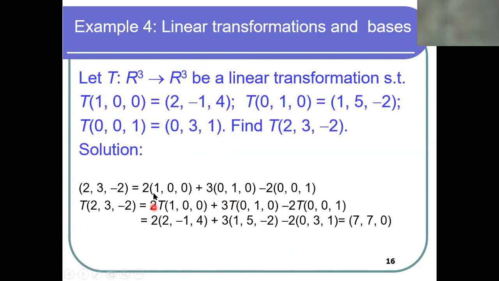Here, this is C1, this is C2, C3, and this is one vector which can be written as a linear combination of basis elements. So all these C's come out, and we just apply T on the basis elements.